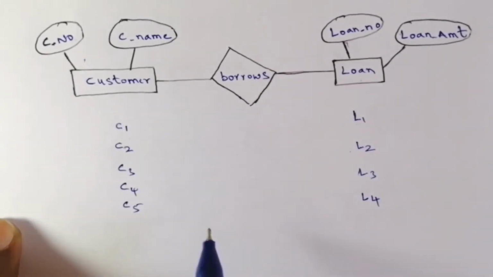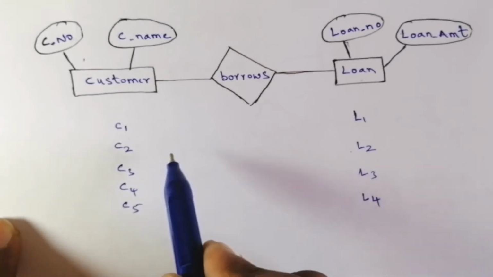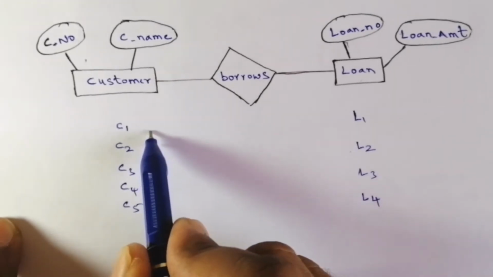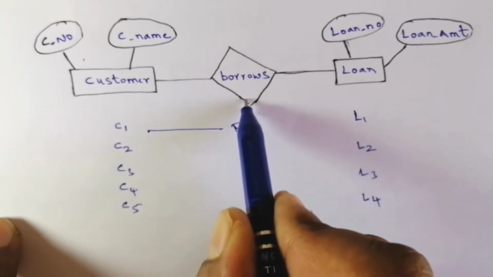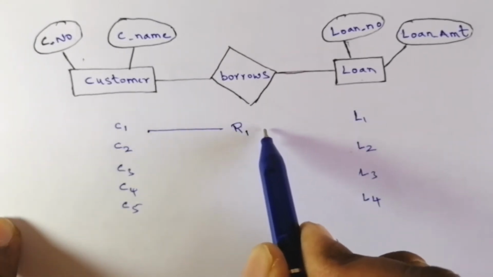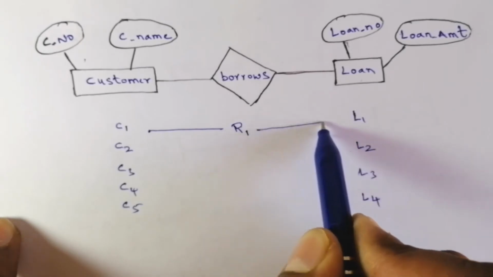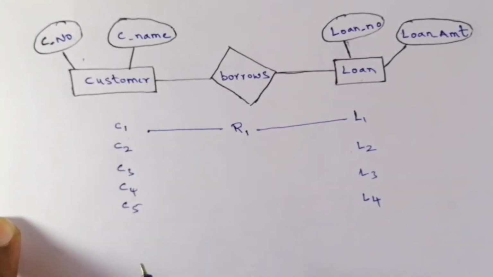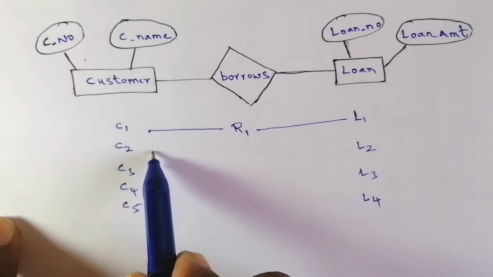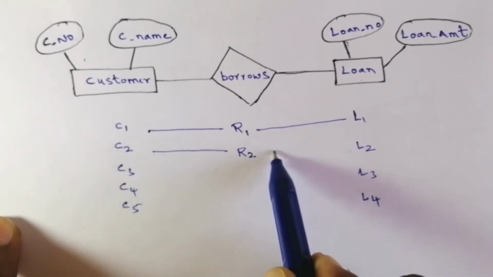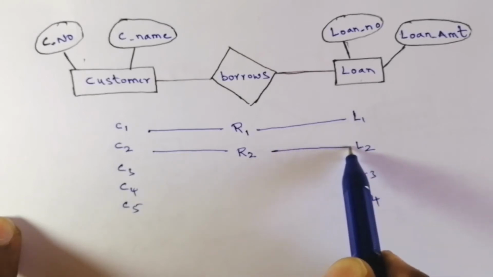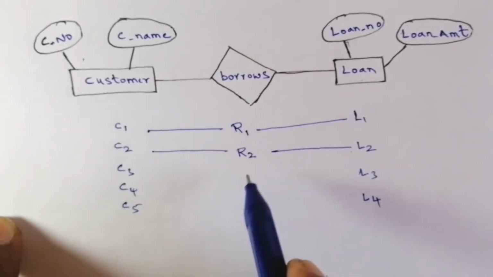So let us take the relationships here. Let us name this relationship R1, the borrows relationship. C1 takes the loan L1, right? C2, relationship R2, I will call it, takes the loan L2, which is a joint loan.